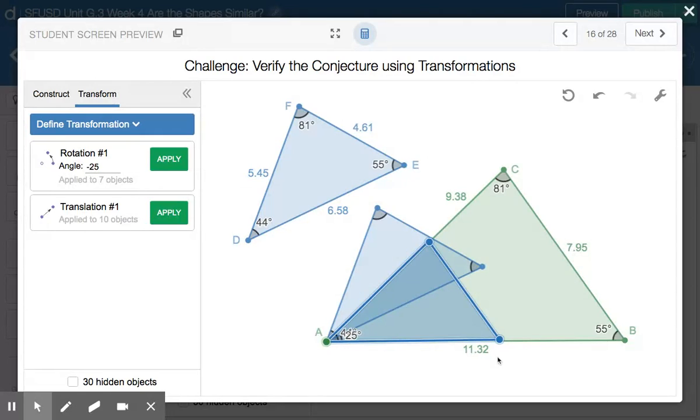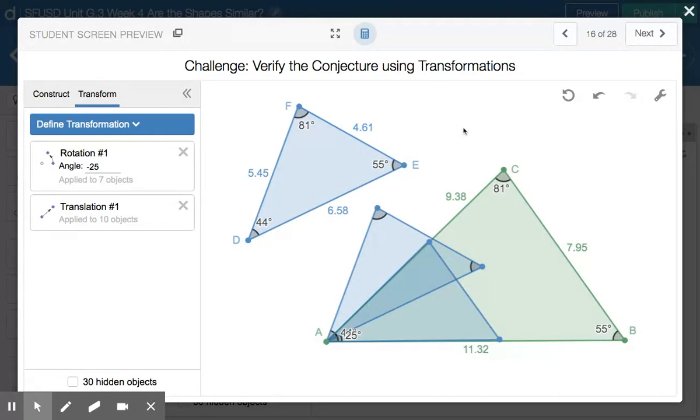Maybe I should have said 25.2 degrees or something, but I think it's close enough to see what's going on. Okay, and you can see that this side of the blue triangle looks like it is parallel to this side, which makes sense because these angles here, 81 and 81, are congruent, and 55 and 55. I know that from the original triangle.